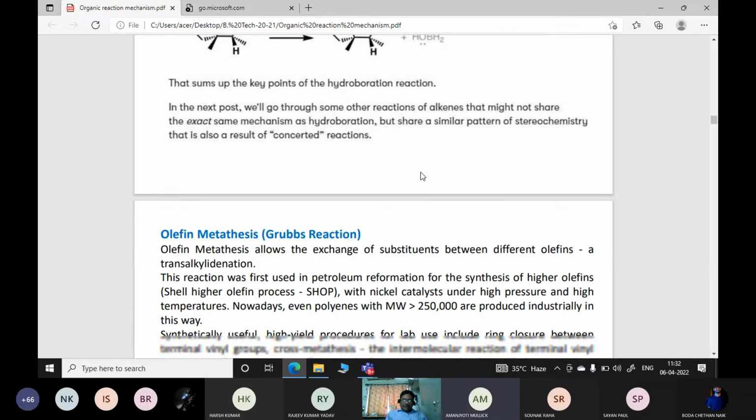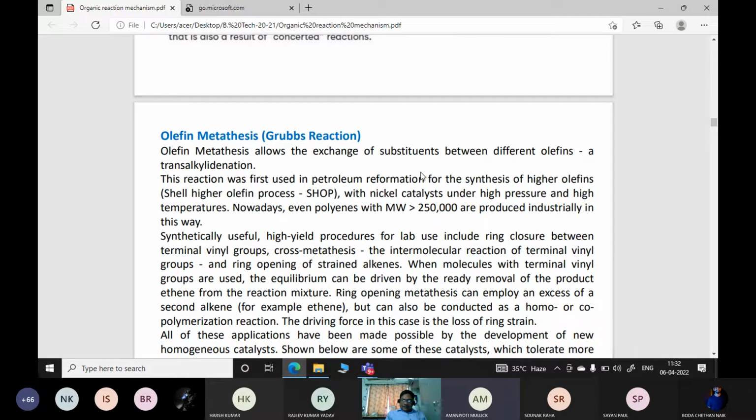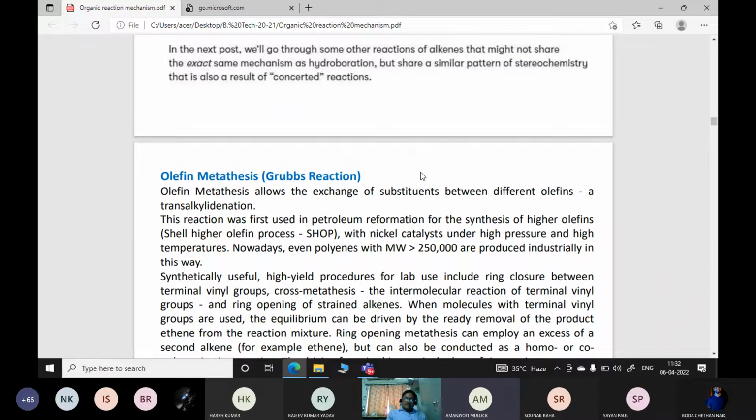Now I will tell you about the next important reaction in organic chemistry, and this is a recent reaction, recently discovered, within 30 years, whereas the hydroboration reaction was discovered in around 1940 to 1945.